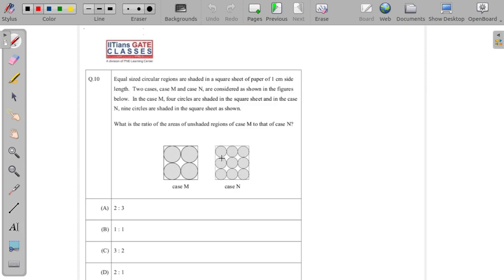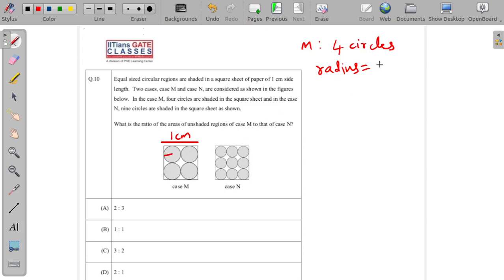Ratio of areas of unshaded regions in case M and case N. So let me take case M. So 4 circles are there. Let me take the radius of each circle.